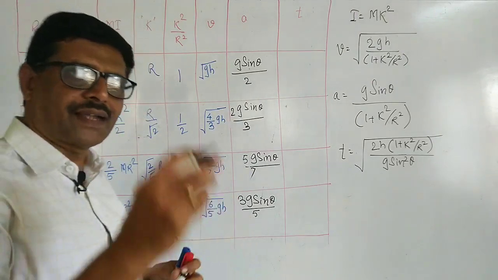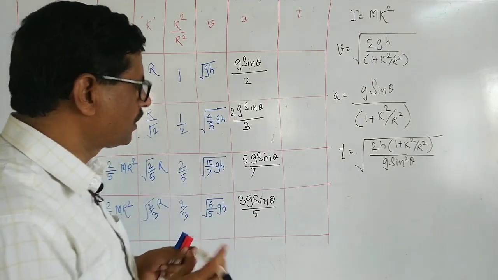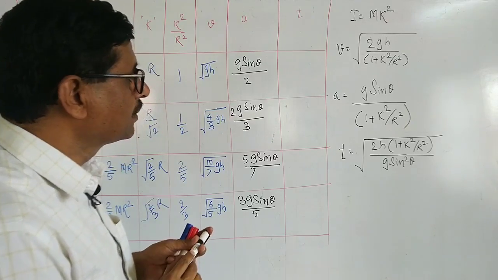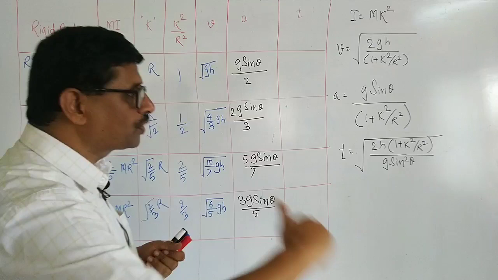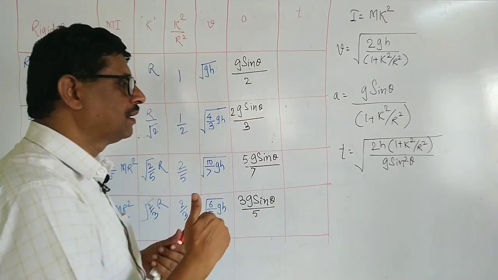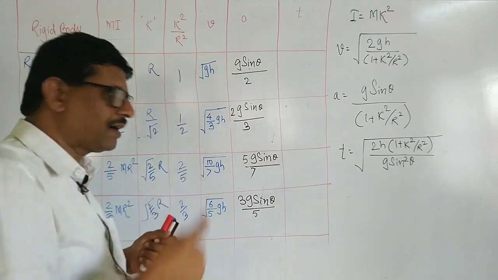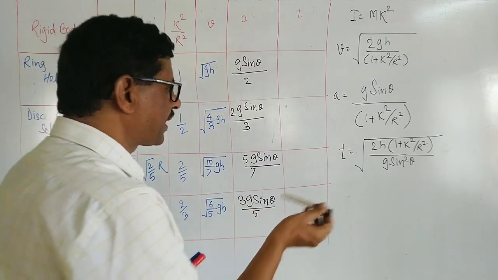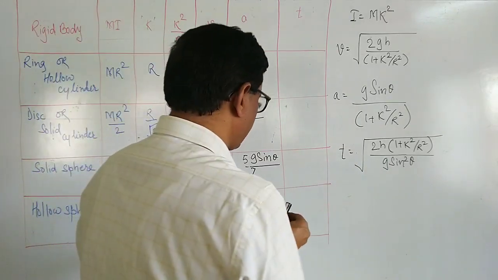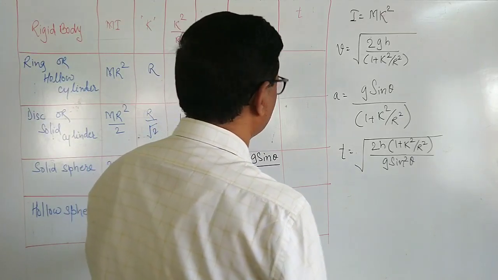plane. At the end, we will determine the time taken by these bodies to come to the bottom by traveling a distance of s from a height h. How to find out the time?